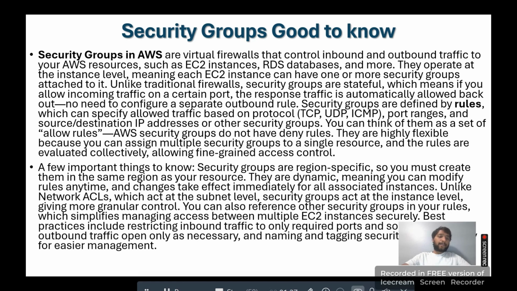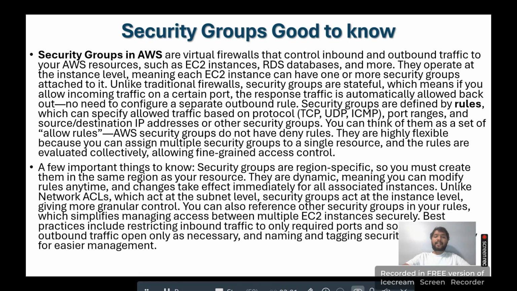A few important things to know. Security groups are region specific, so you create them in the same region as your resource. They are dynamic, meaning you can modify rules anytime, and changes take effect immediately for all associated instances. Unlike network ACLs, which act at the subnet level, security groups act at the instance level, giving more granular control.